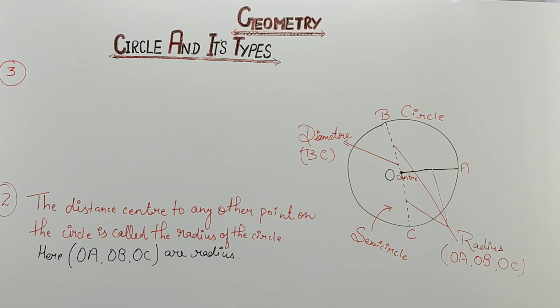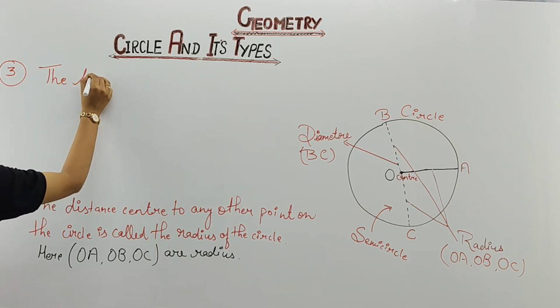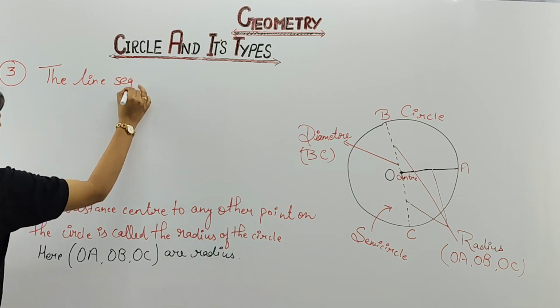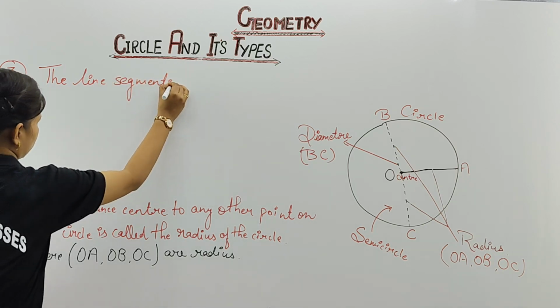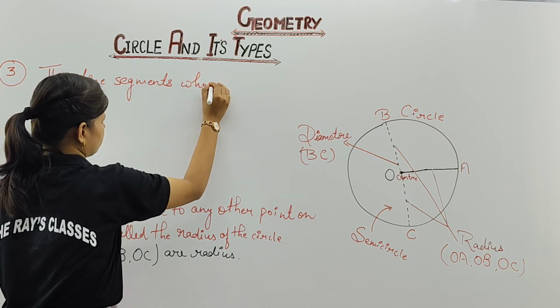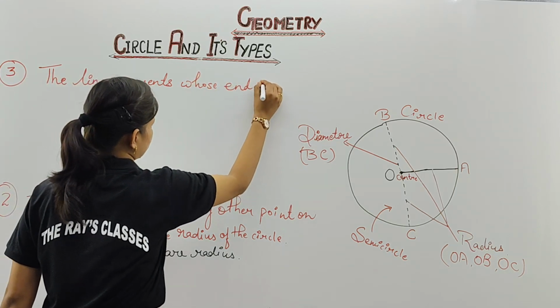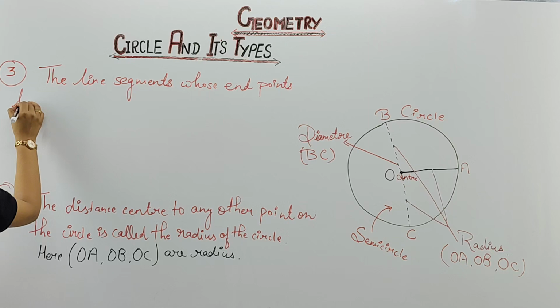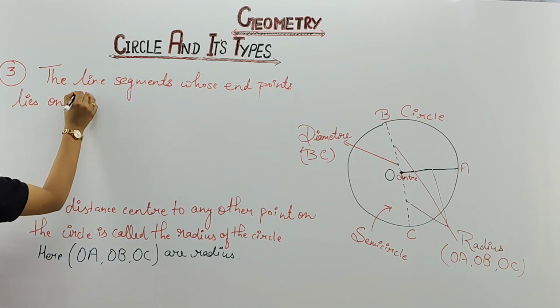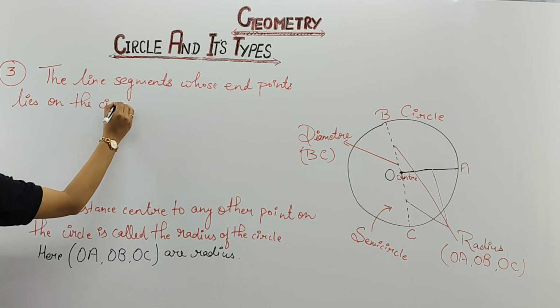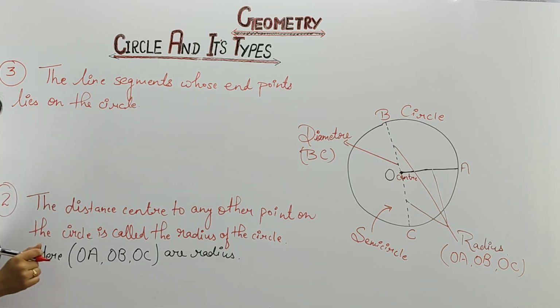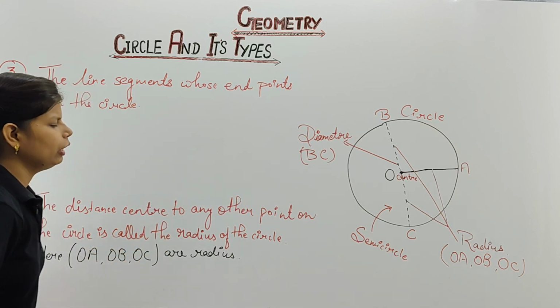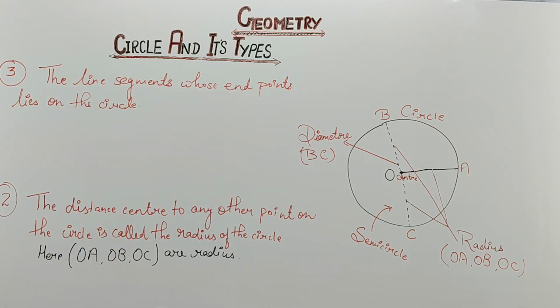The line segment whose endpoints lie on the circle, that means point B as well as point C. Which points, children? Point B and point C lie on the circle and pass through the center.